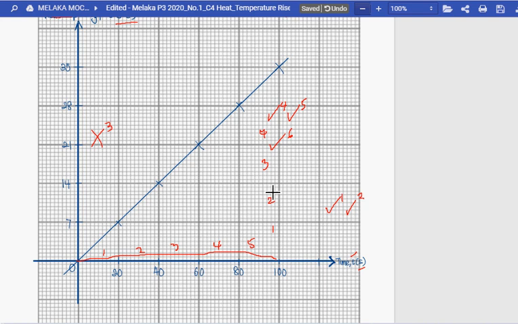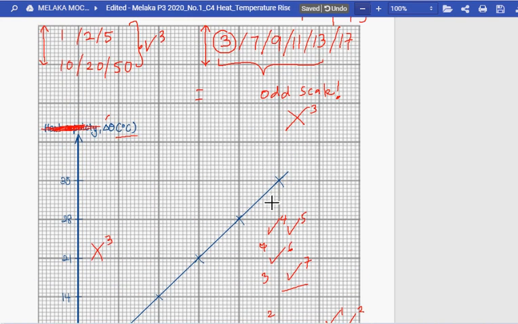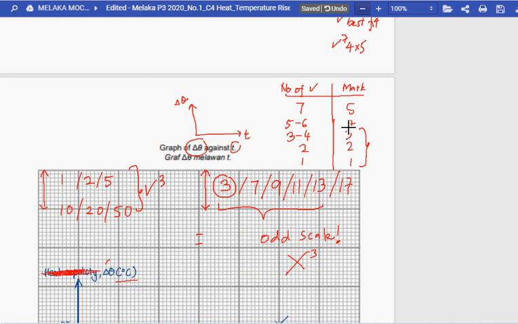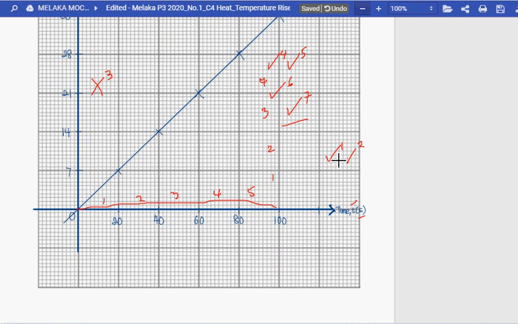So here is 5, which means more than 4 times 5. So this one can give tick 7. So that means you get 6 ticks, and 6 ticks will be 4 marks.